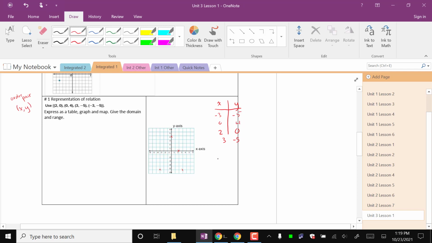Now we want to create the map. So we have our domain. We have our range. Our domain values are -3, 0, 2, and 3.